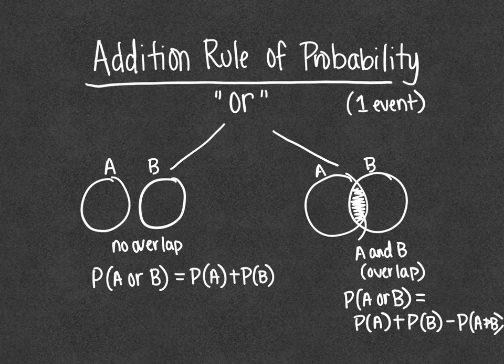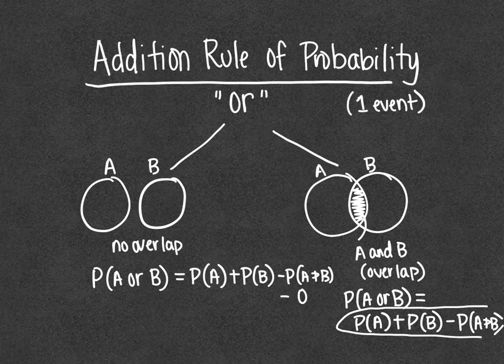You can actually use that same formula in both cases. You can still subtract out the part where they're A and B, but it'll just be 0 because there is no overlap. So if you want to just memorize one formula, it would be this, but you can just practically think through these.